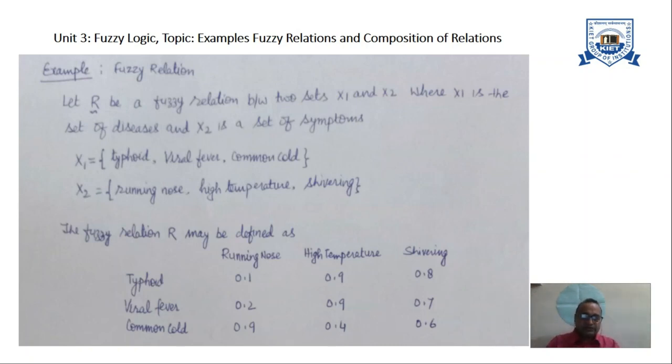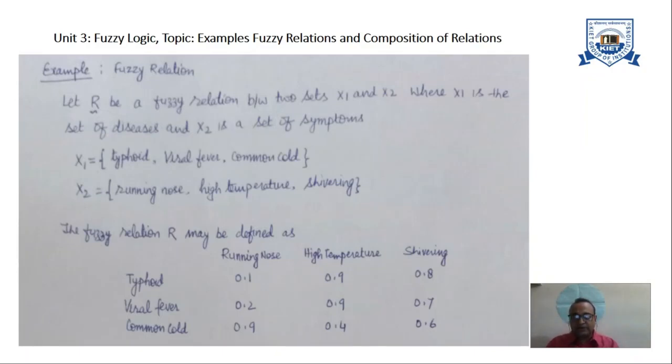Friends, again I am just repeating my statement, and this is a very important statement related to the fuzzy relation. This statement says that all the elements of one universe of discourse are related to all the other elements of another universe of discourse, or they may not be associated, they may not be connected.